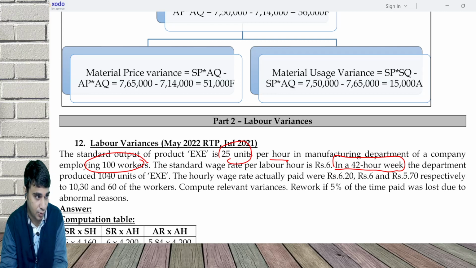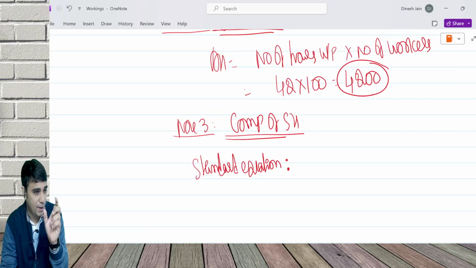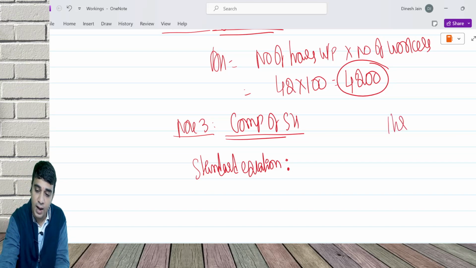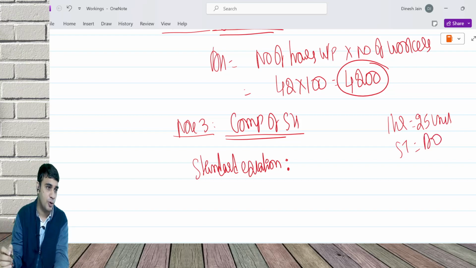That's a rare scenario. When is this a rare scenario? When you apply the equation. For example, in this question, if we apply 1 hour equal to 25 units, ST equal to AO, what is the actual output? 1040.